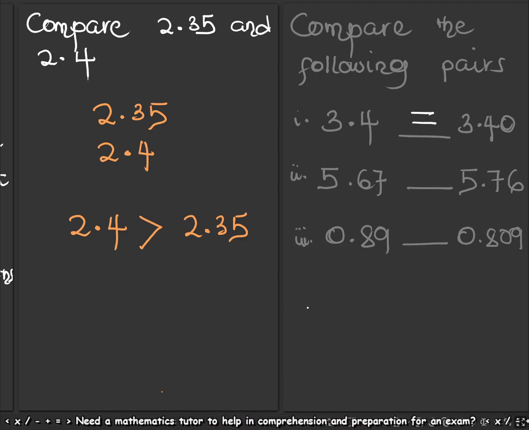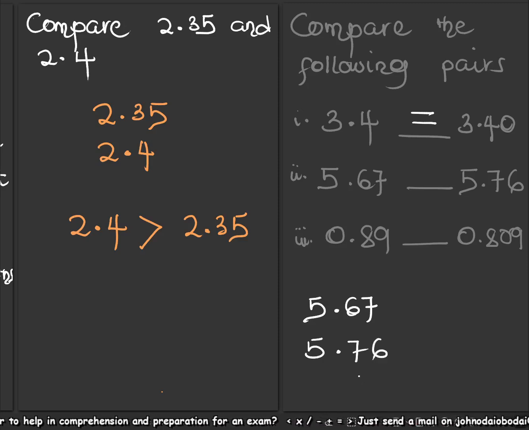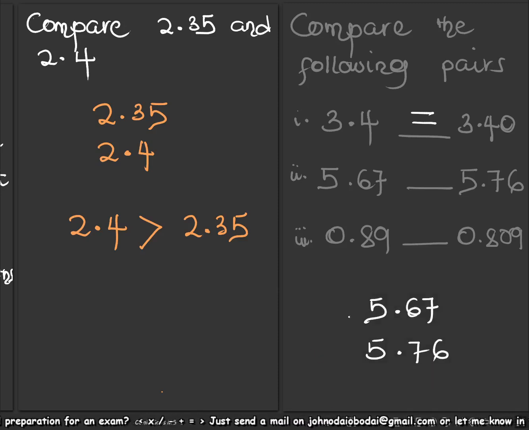Now, the second one, we have 5.67 and then 5.76. We need to check our whole numbers. This has got 5 as the whole number. This has also got 5. Then we go to the next digit.